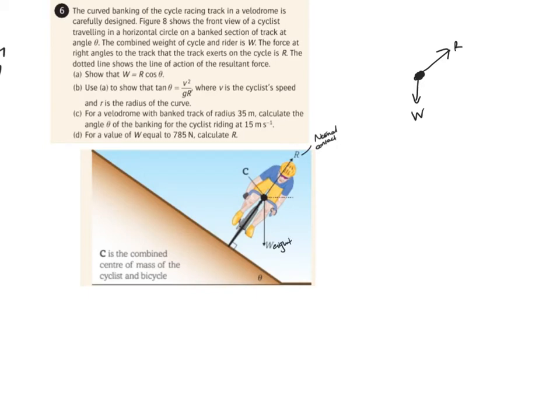Now what you need to do for this, if you prefer to redraw the diagram, you can. So this is going to be Rx and this Ry. What it's trying to tell you is that you need to show that weight is equal to the Y component of the normal contact force.